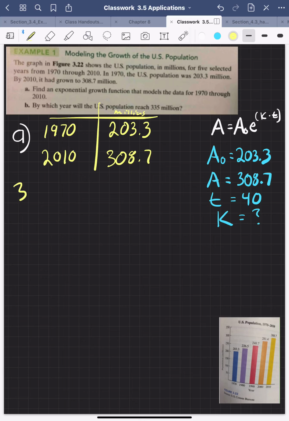So we got 308.7 is equal to 203.3 times e to the power of, now t is 40, so it's k times 40, or just 40k.